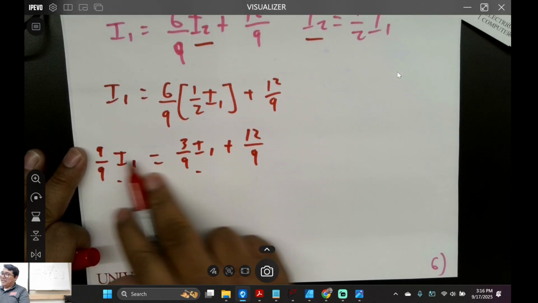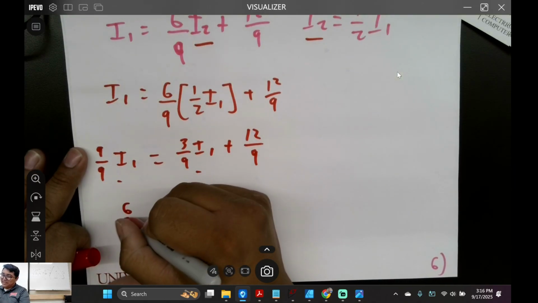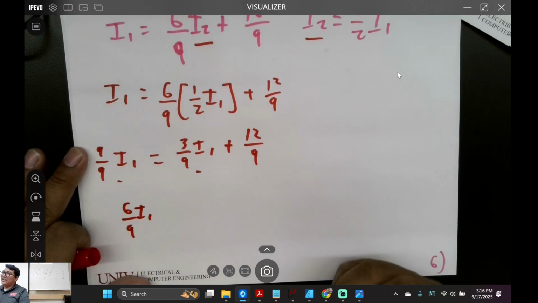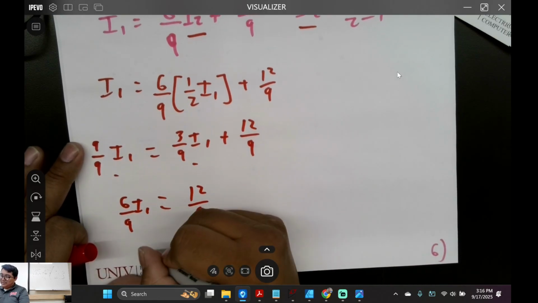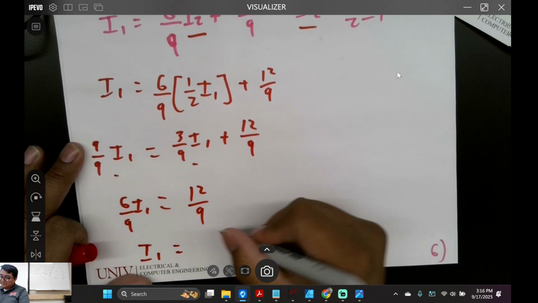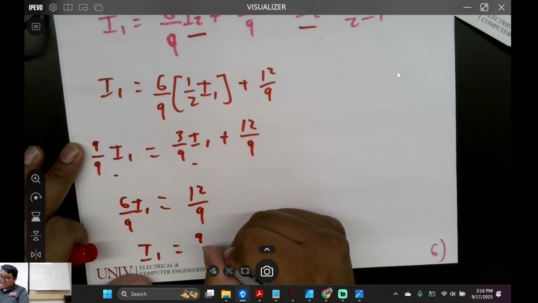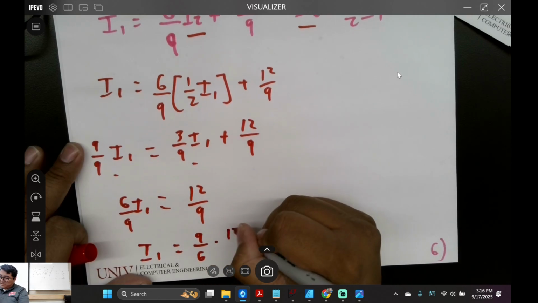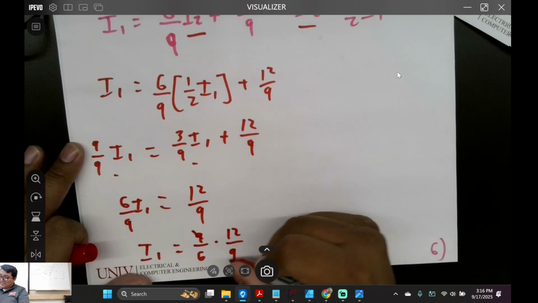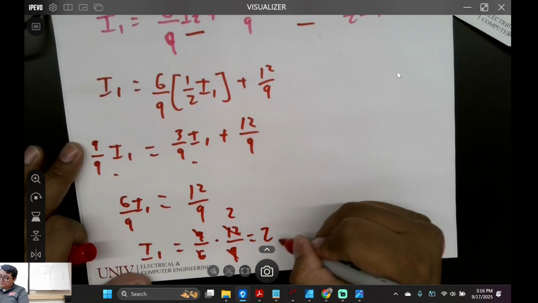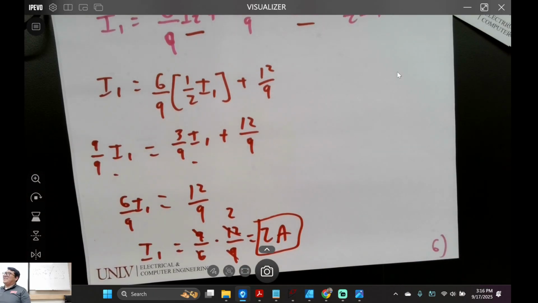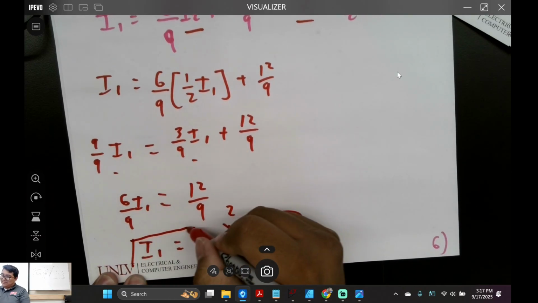So that means we got to do 9 minus 3 is equal to 6 over 9 I1, right? Is equal to 12 over 9, right? Let's see, 9 divided by 6 times 12 divided by 9. That cancels out, that cancels out, that cancels out to 2. Did I do it right? Like that? We just solved for I1.